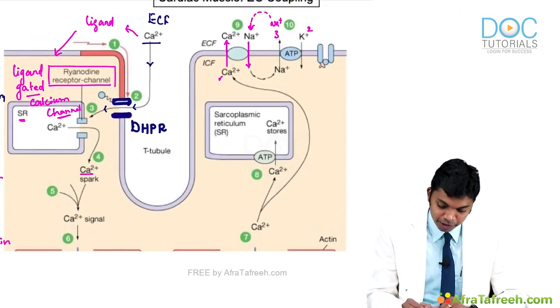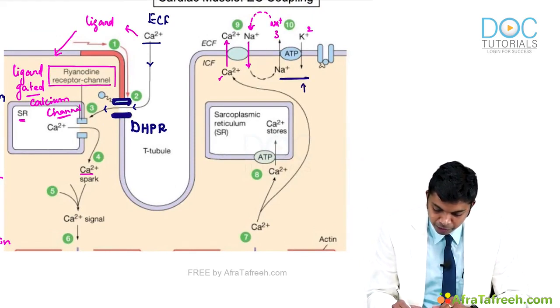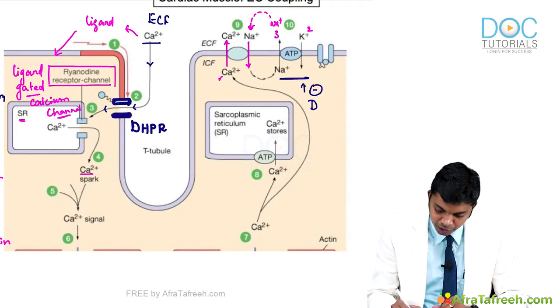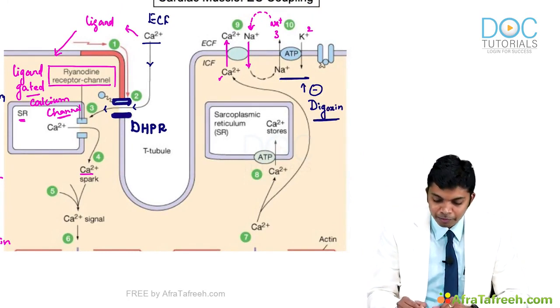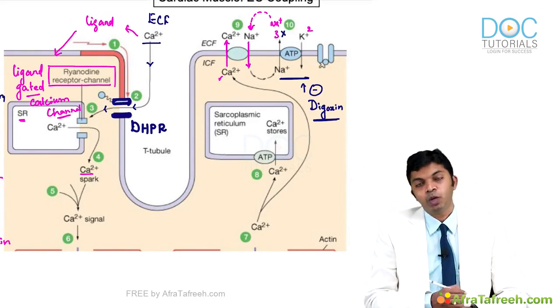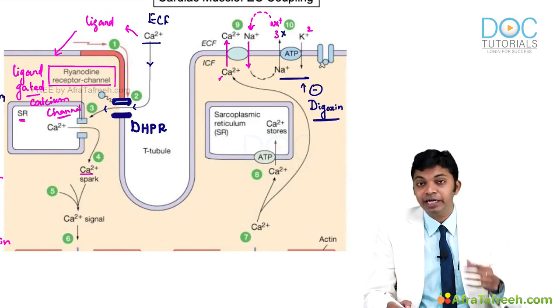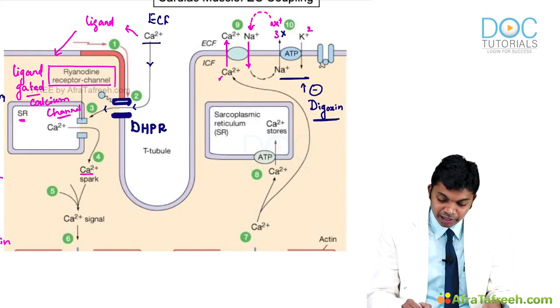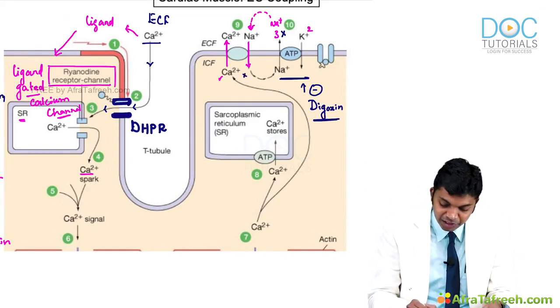Now, if this pump, sodium potassium ATPase, is blocked by digoxin, doctors, there will not be efflux of sodium. When sodium efflux doesn't happen, the sodium gradient is not utilized for influx to get calcium out.